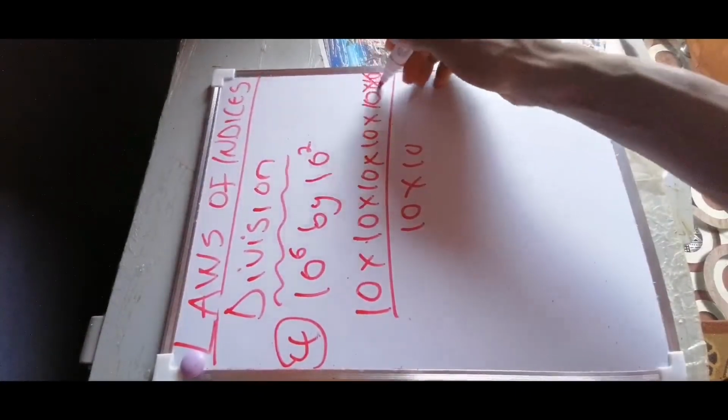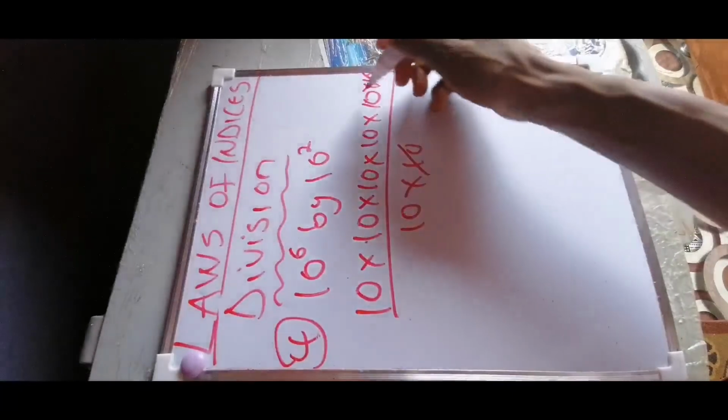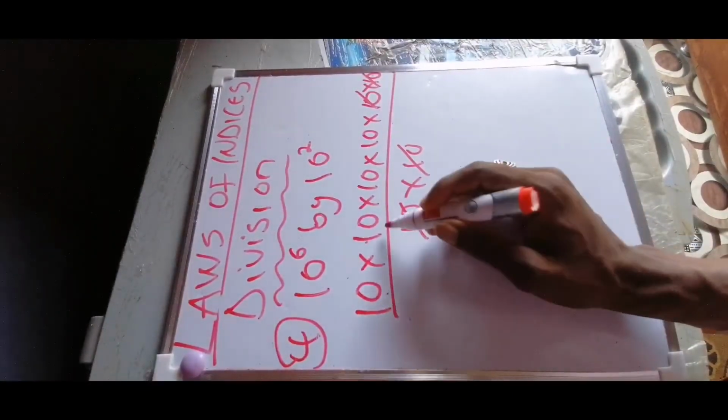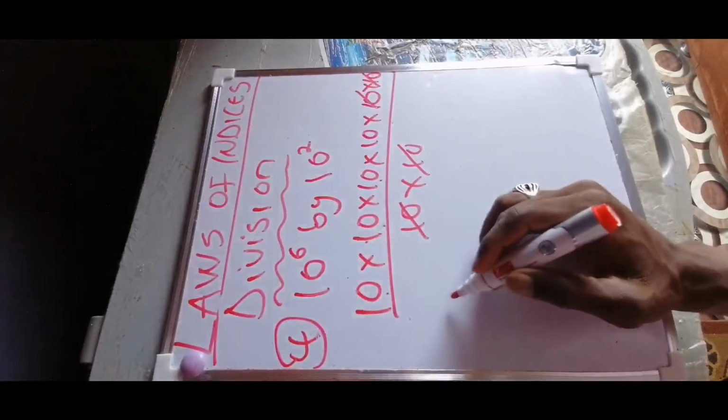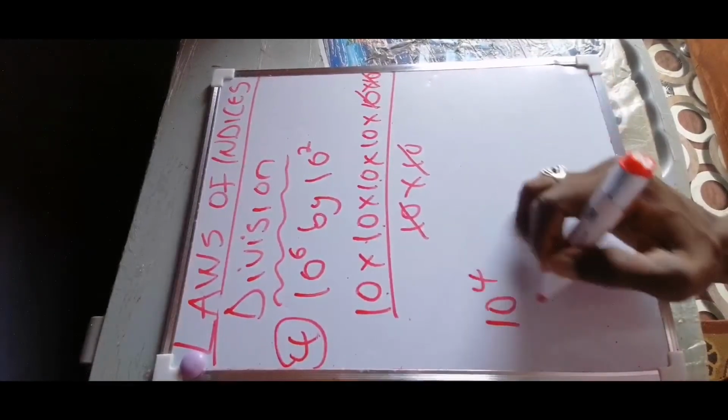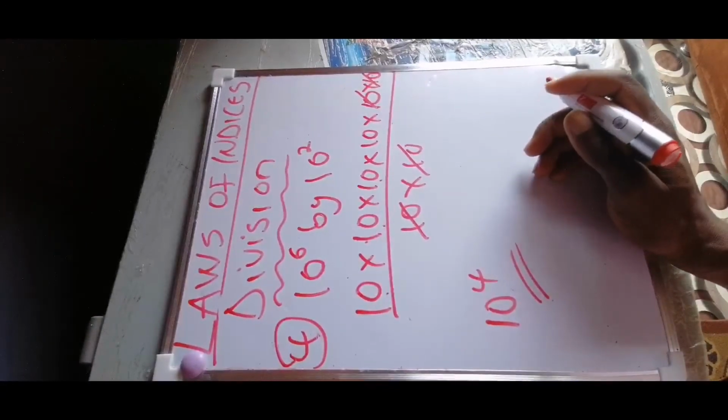So this 10 cancels this 10, this 10 cancels this one. So we are having 1, 2, 3, 4. We are having 4 tens. Therefore 10 raised to the power of 4. That is our final answer.